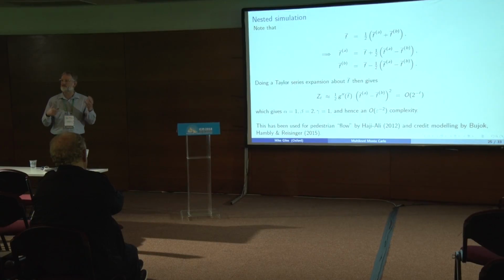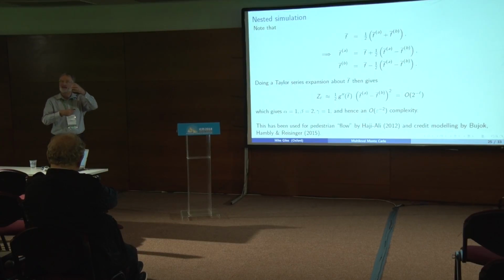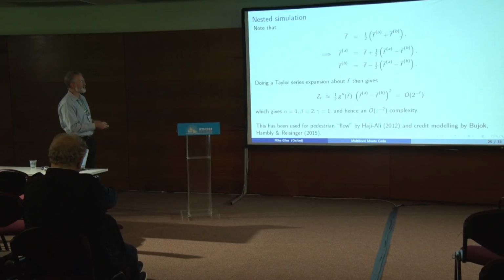And that's why I refer to this as an antithetic sampling, because of the idea of plus and negative errors that are going to cancel out to a large extent. Because then we do a Taylor series expansion for G, expanding around f bar. And when you do the Taylor series expansion, the linear error terms here are going to cancel out. And what you get is this quadratic term.